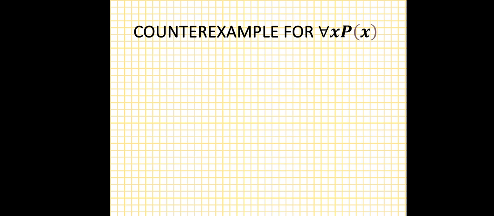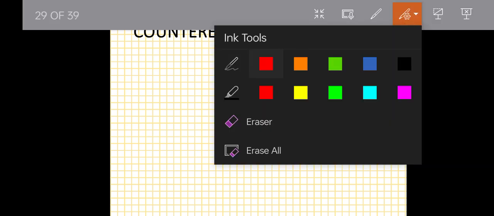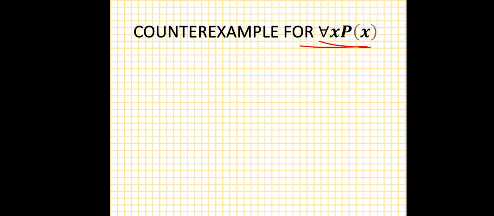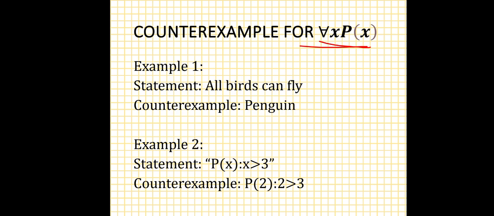So, our universal quantifier becomes false only when we provide a counterexample. For example, the statement, all birds can fly, has the counterexample penguin. So, our statement became false. And this statement is an example of a universal quantifier because of the term all.